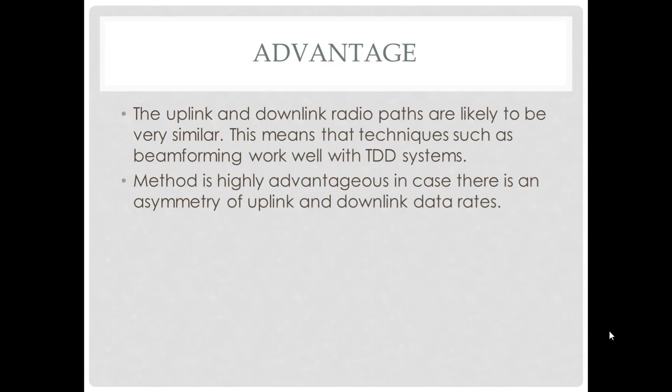The main advantage of time division duplexing is that the uplink and downlink radio paths are likely to be very similar, and this means that techniques such as beamforming work well with time division duplexing systems. Another advantage is that the method is highly advantageous when there is an asymmetry of uplink and downlink data rates.